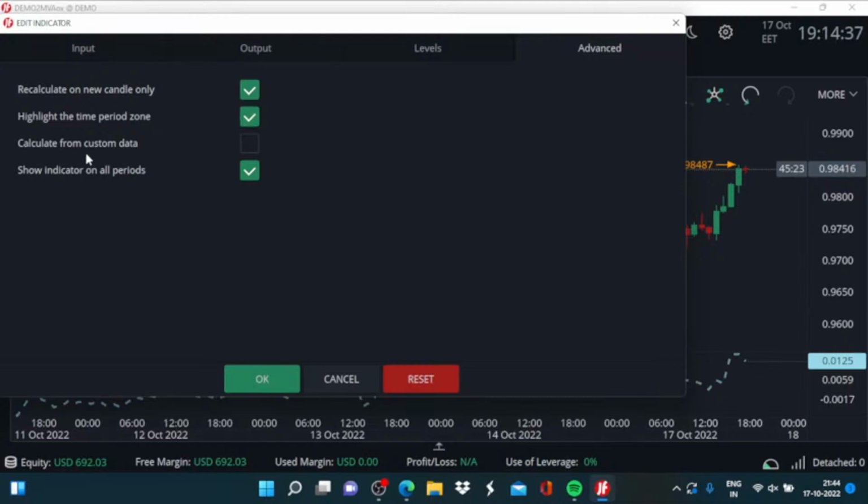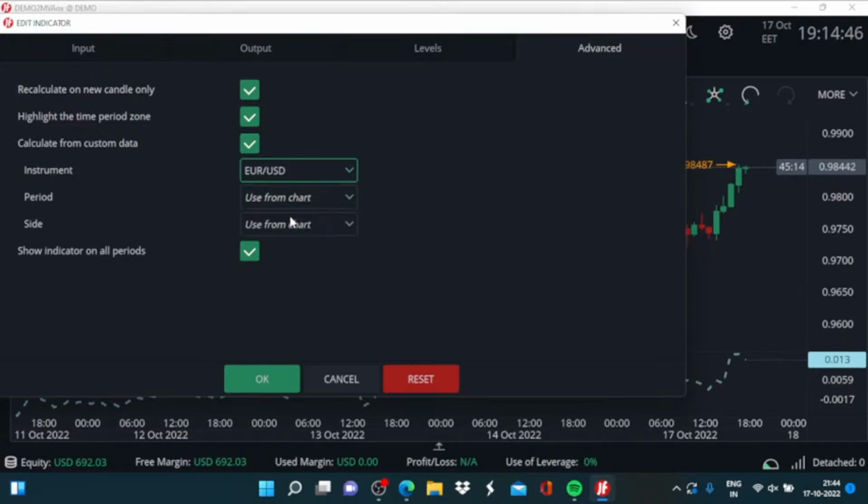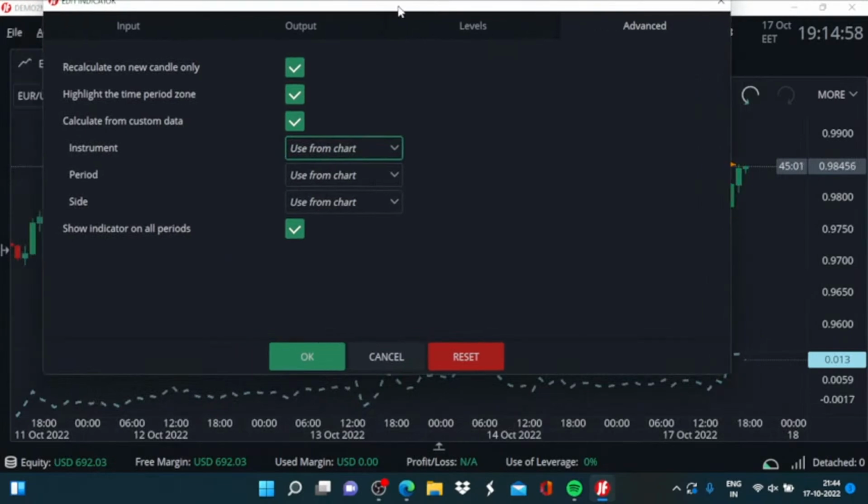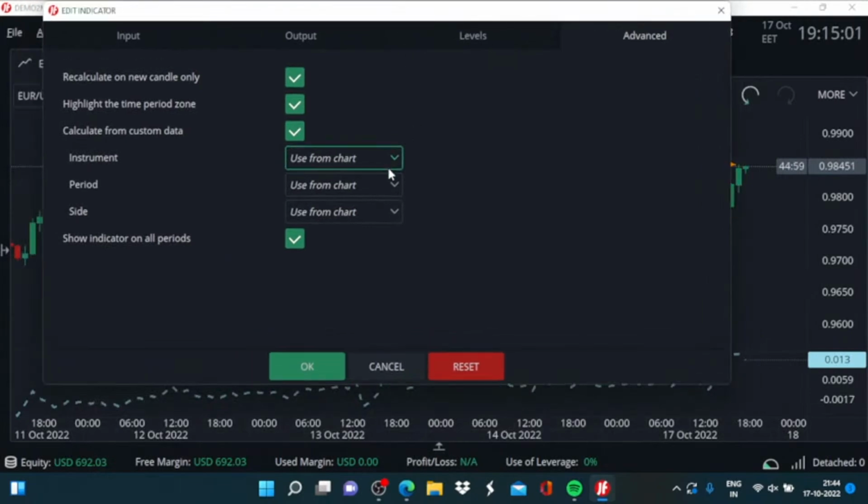If you want the calculation to be customized further, then you get this option where you can choose the instrument and you can define this indicator to be shown only for that instrument, or you can simply use it for any instrument on the chart. So whenever you will change the instrument of the chart, this indicator will be plotted anew for another instrument.